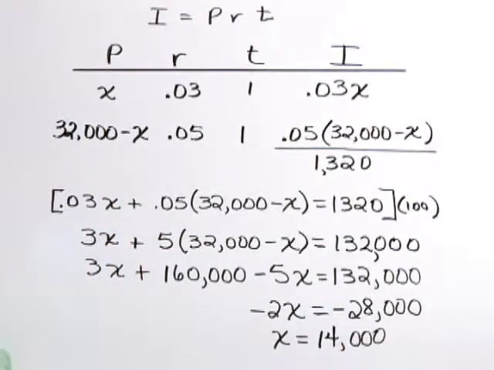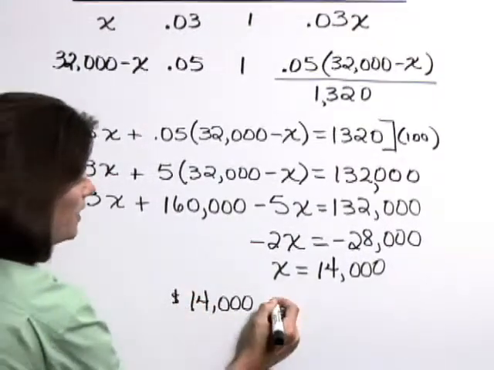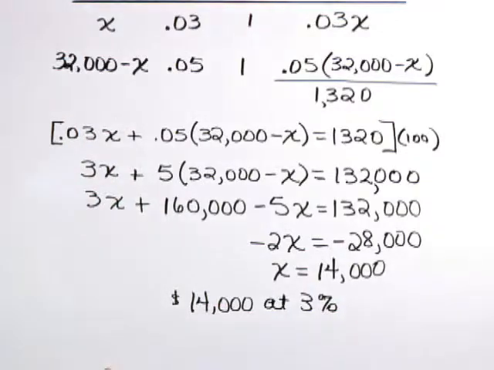Now let's state our answer very clearly. X was the amount at 3%, so we can say then that $14,000 is invested at 3%. We want to know the amount of each investment. We defined earlier that 32,000 minus x gives the amount at 5%, so let's use that to find our other amount.